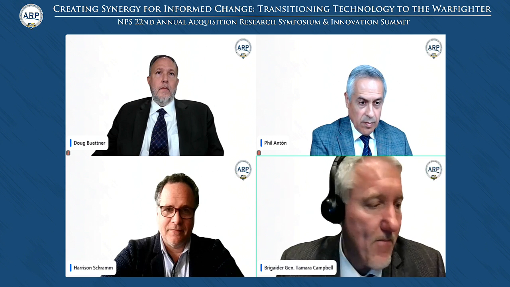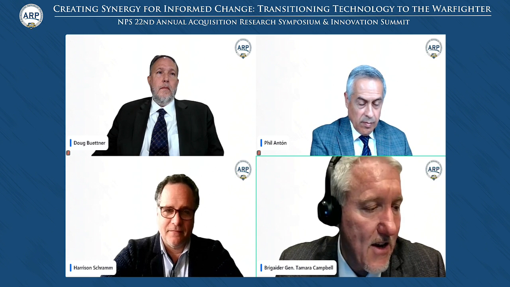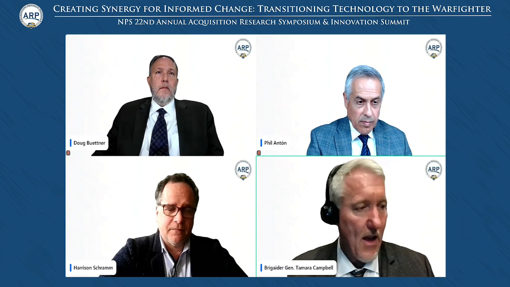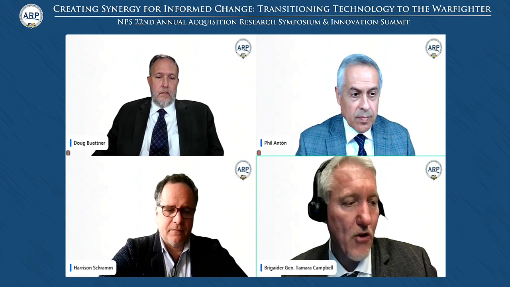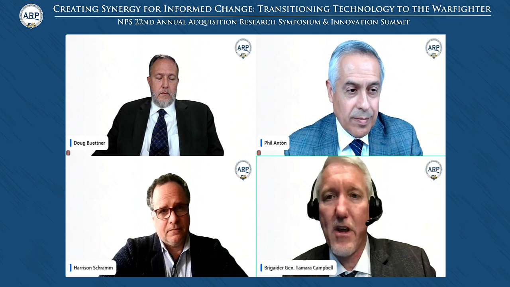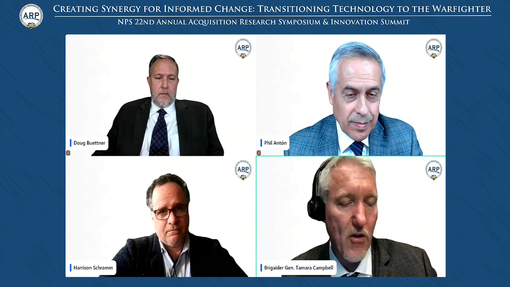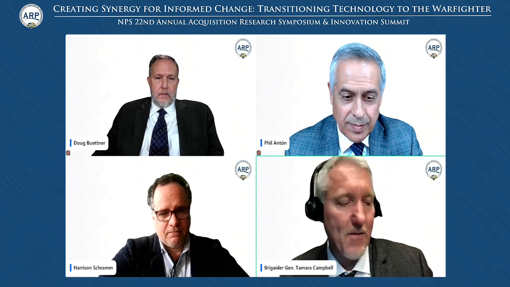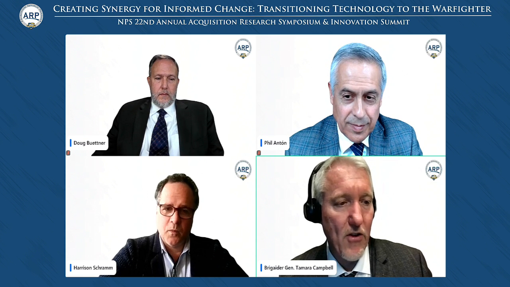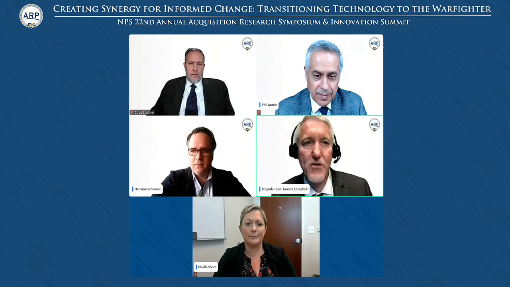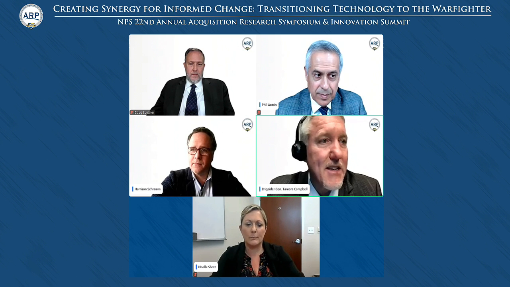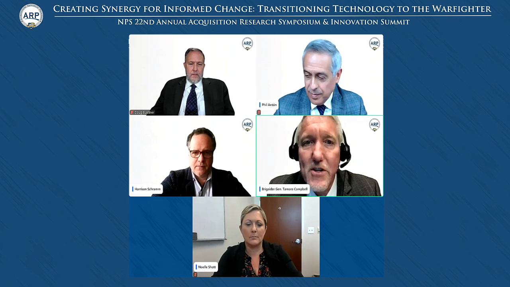And so that's fantastic. I think I'll start off, and I guess I'm going to show my age a little bit because the question is going to be geared toward Phil and Doug on middle tier of acquisition. I started off doing acquisition as an assistant product manager, and my job was to run what we called ACTDs, advanced concept technology demonstrations.